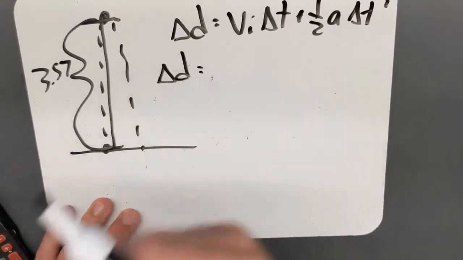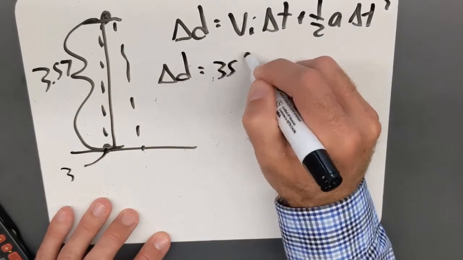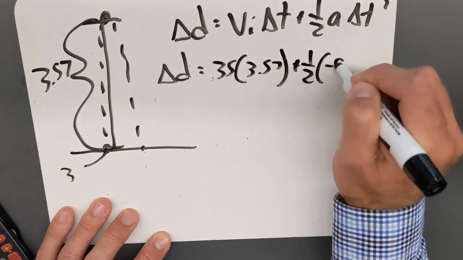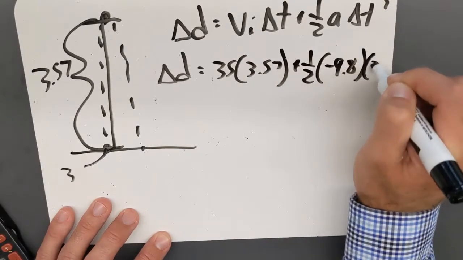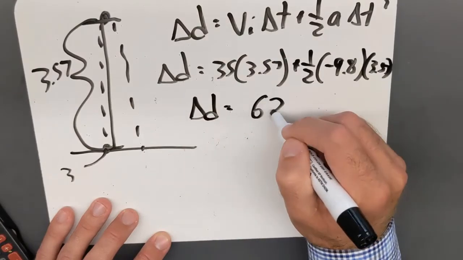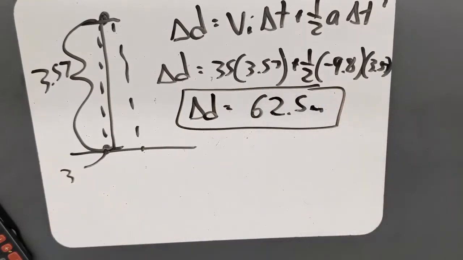Delta D is equal to a V initial of, down here, 35. So 35 times 3.57 plus 1/2 times negative 9.8 times 3.57 squared. Do that all in the calculator, and guess what you get? 62.5 meters, and that one actually is positive. So there's 4 different ways to get this same exact answer.